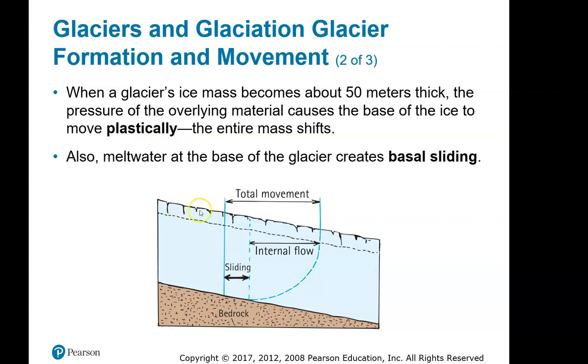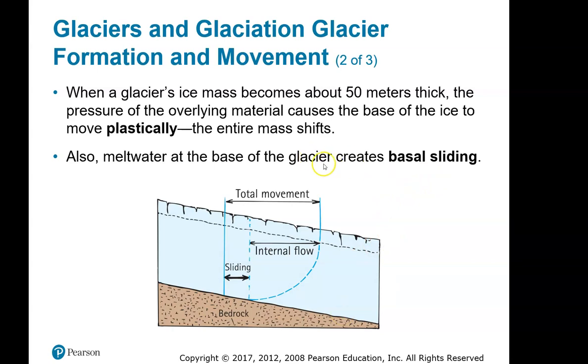The entire mass will shift. Underneath it, because of the increased pressure, the frozen ice will tend to melt, turn into water, and that will cause the glacier to flow. They don't generally move really fast.